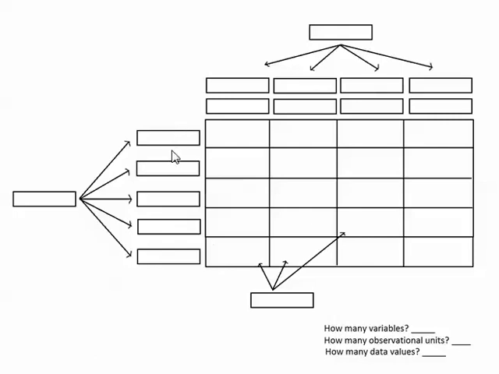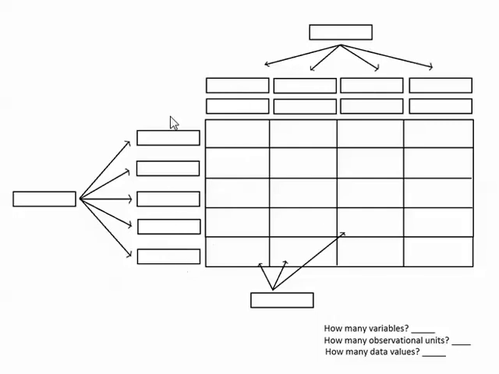Once you've written the ID numbers of your observational units, think of 4 variables that you could collect data on, and then write the names of the 4 variables in these 4 boxes right here. If your observational units are people, one of the variables could be age or gender.